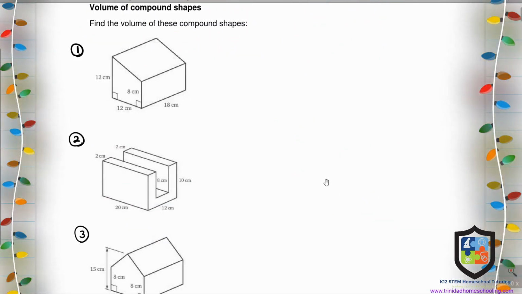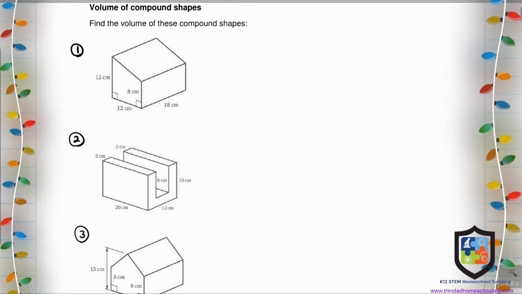Alright, so let's look at the volume of compound shapes. So compound shapes meaning that more than one shape are put together to make one complete shape. Alright, so if we look at this one here, it neither looks like a rectangular prism nor a triangular prism.